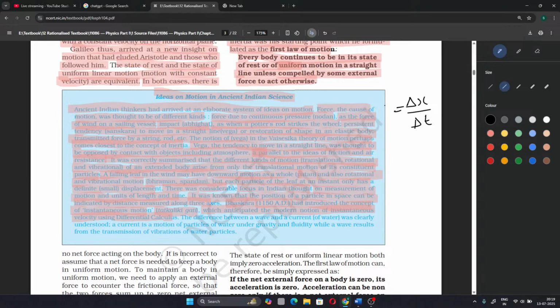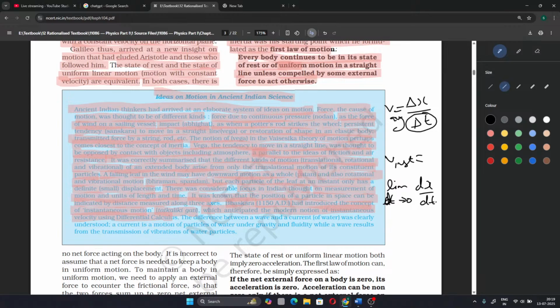This is for V average, and this is a large time interval. But for V instantaneous, we take the limit delta t tends to 0, that is dx by dt, where this time interval is extremely minute and very close to 0.